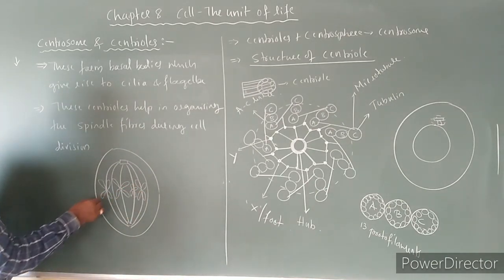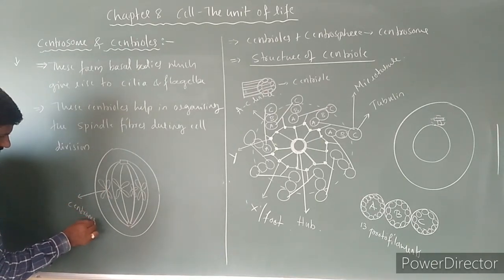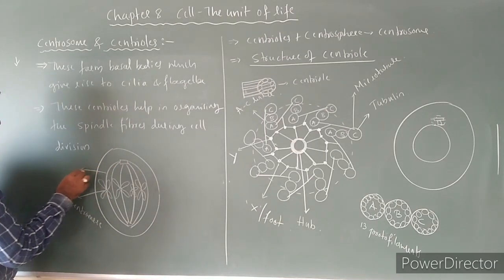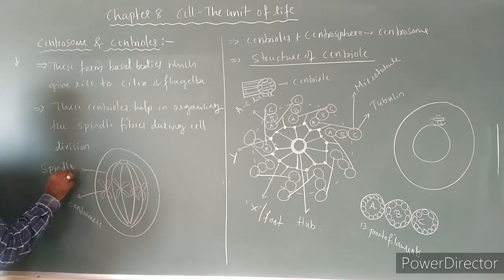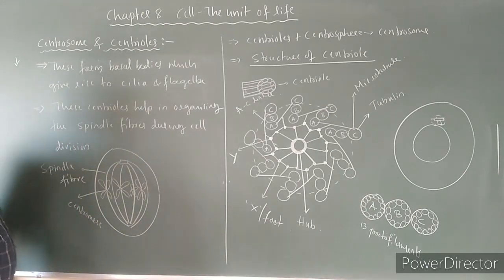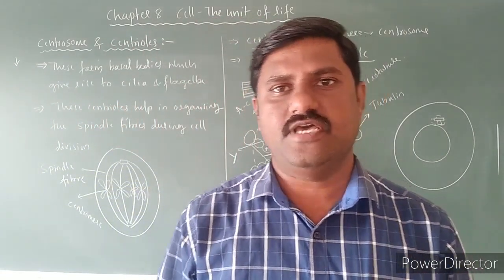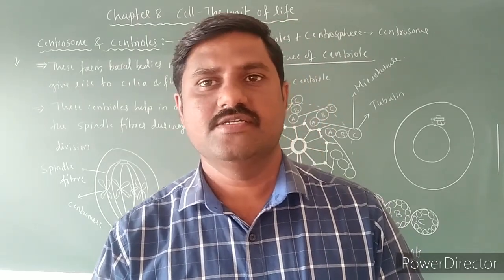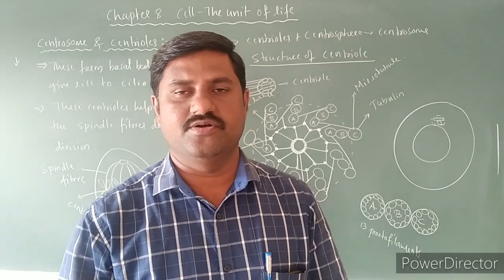Chromosomes are held over here. This is the centromere, which hangs to the spindle fiber. This is the spindle fiber, right? So this is how spindle fibers are formed from these centrioles itself during cell division. These are the functions of these centrioles.